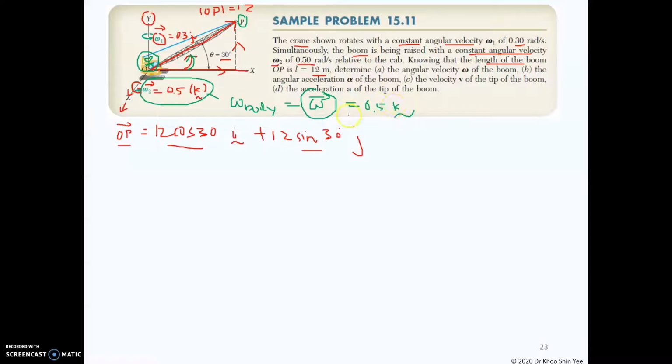So this is the angular velocity that you measure from O, which is a non-inertial frame, because you can see that point O is rotated with omega 1 as well. So this is the rotating frame. And we use the Omega symbol to indicate the angular velocity of the rotating frame.